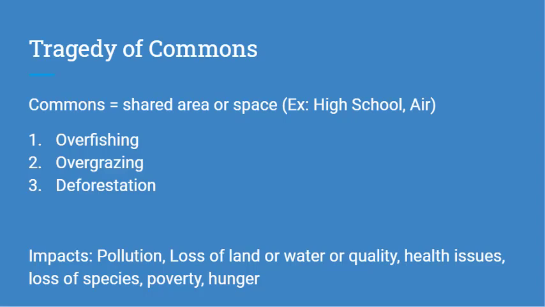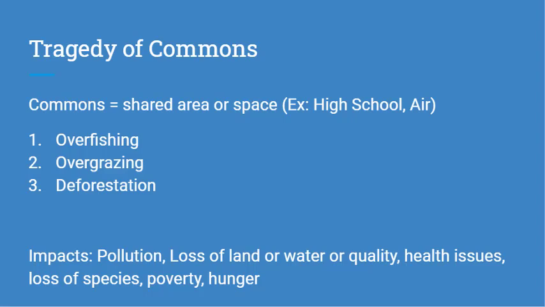But when we talk about the commons and we talk about air pollution, that is toxifying that commons. So 3 major examples that you guys saw: overfishing, overgrazing, and deforestation.